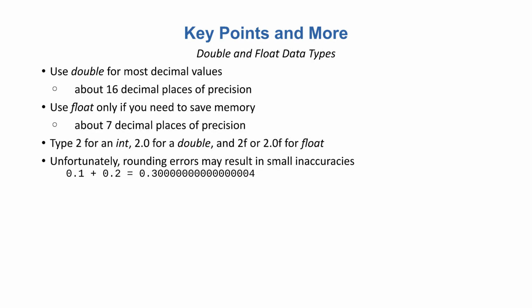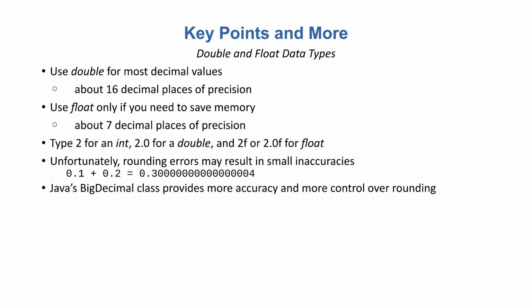Unfortunately, rounding errors may result in small inaccuracies, such as this example where 0.1 plus 0.2 is 0.3, but with a very minuscule value added in the 17th decimal position. Java's big decimal class provides more accuracy and more control over rounding.